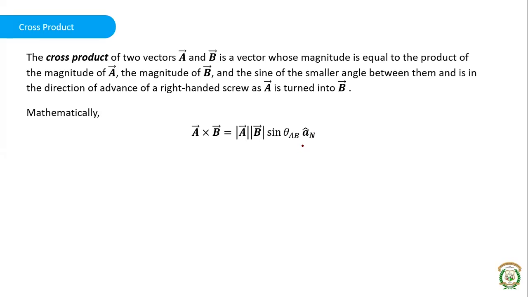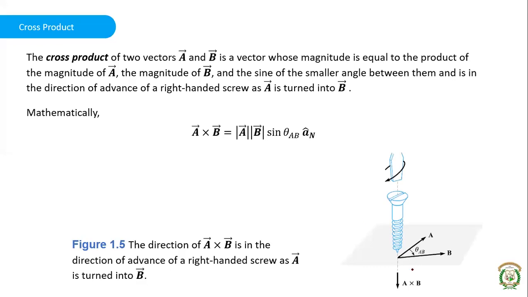This unit vector gives the direction of the product vector. Here n stands for normal direction, so n is perpendicular to both a and b. And how do you determine which direction? You can determine the direction by using this right-handed screw principle.